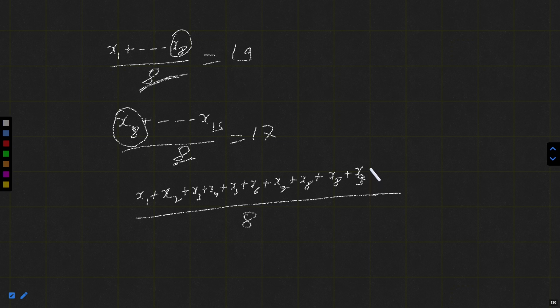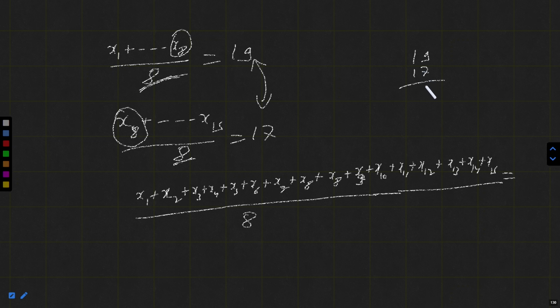So it will be up to x9, x10, x11, x12, x13, x14 and x15, which is further equal to the sum of these two terms, 19 plus 17, which is equal to 36. I hope this is clear.